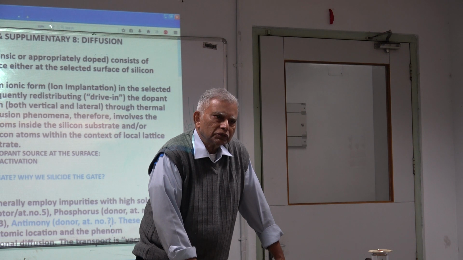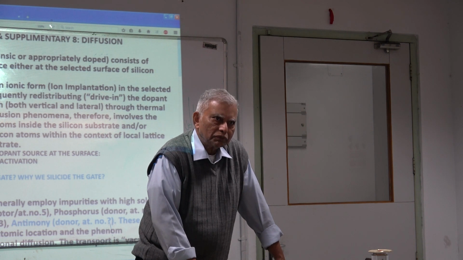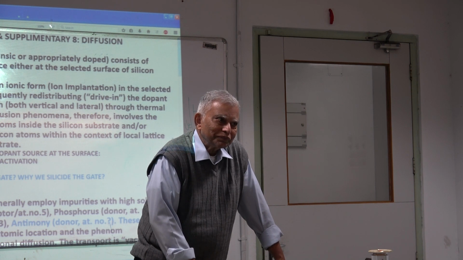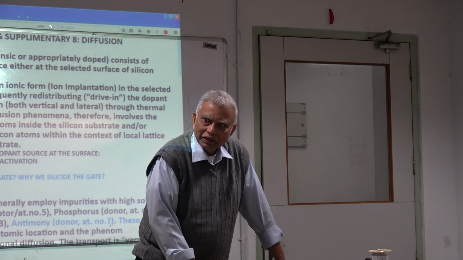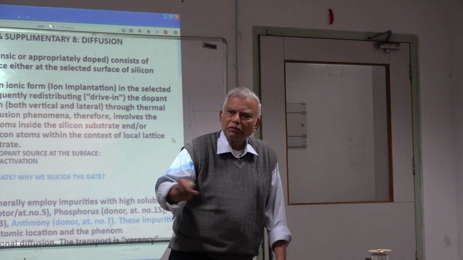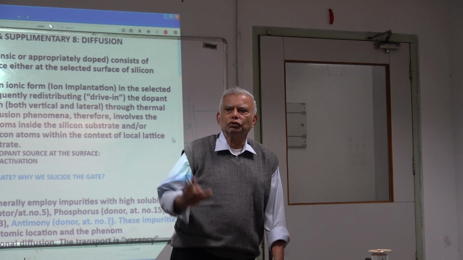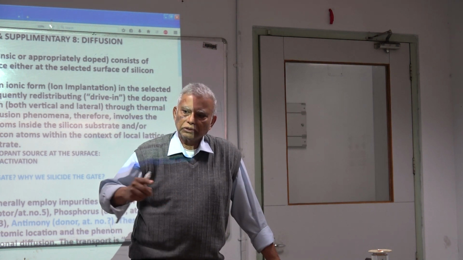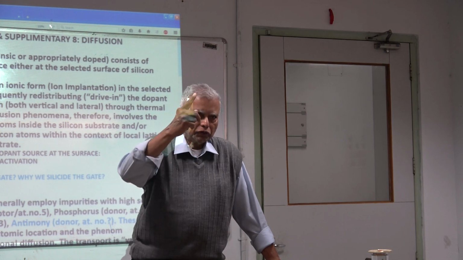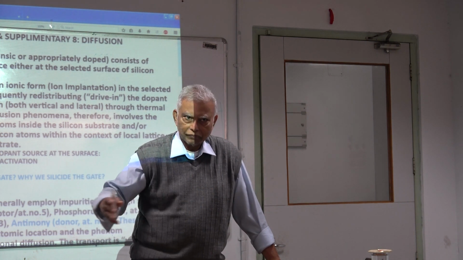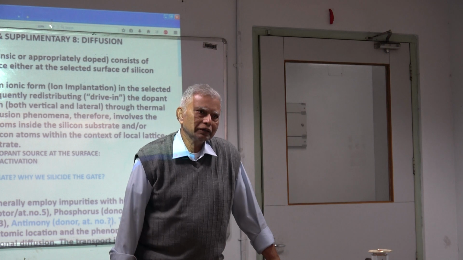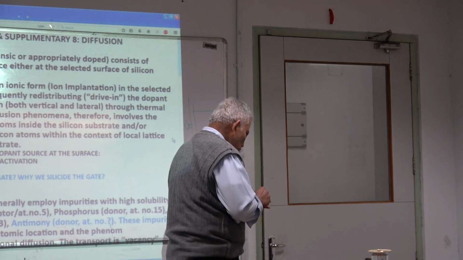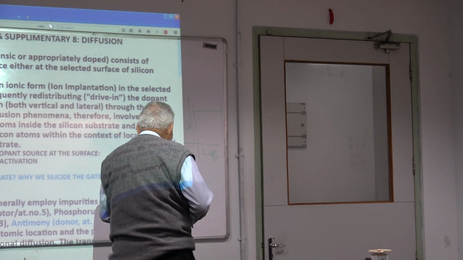And how much current is transported through it is a function of gate voltage. Look at the characteristics of the transistor. Two important characteristics: drain current versus gate voltage. Those are the two very important characteristics.